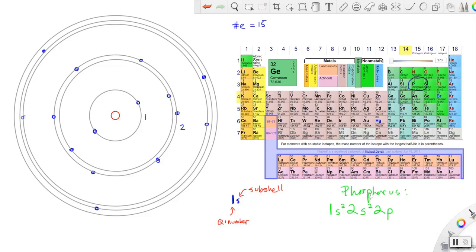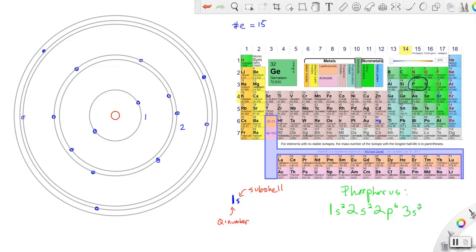Okay. So now, how many can we fit in that P shell? We can fit 6. So we'll go ahead and put a 6 here. Well, we ran out of room, so we have to go to the n equals 3 layer here, and we had an S subshell that we started with.